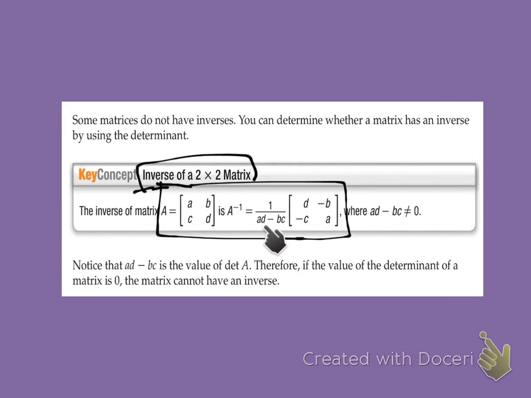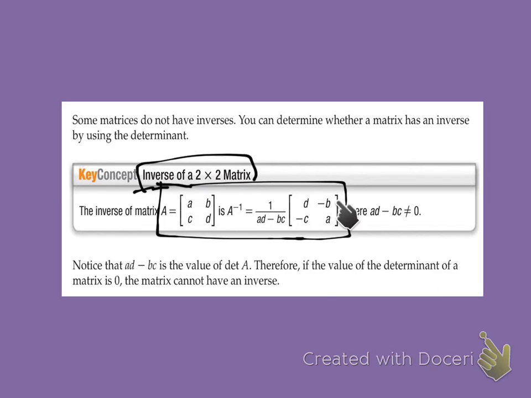You just did it, actually 3 times. You did it twice for 2 by 2. Which was called a determinant. Thank you. Determinant. Good. You find the determinant of the original. See that? AD minus BC.